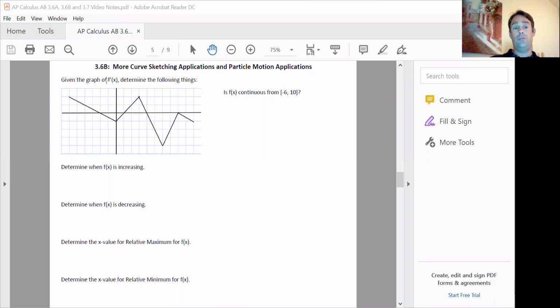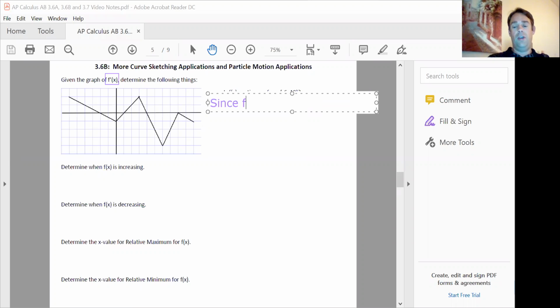All righty. So first question that came up, and let's see what you guys came up with. Is it continuous? Now remember, I already told you that this is the graph of the derivative. And since there's no breaks anywhere on the derivative, that means it's differentiable over the entire domain. Since it's differentiable over the entire domain, it is continuous.